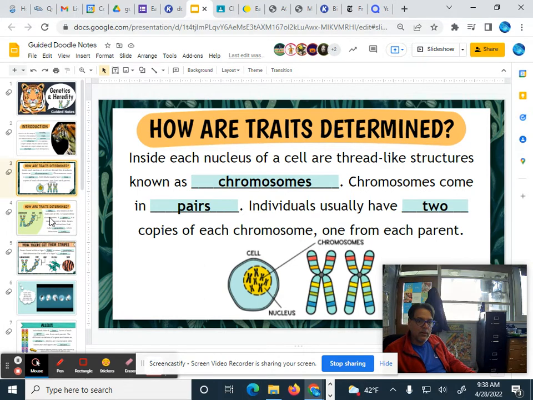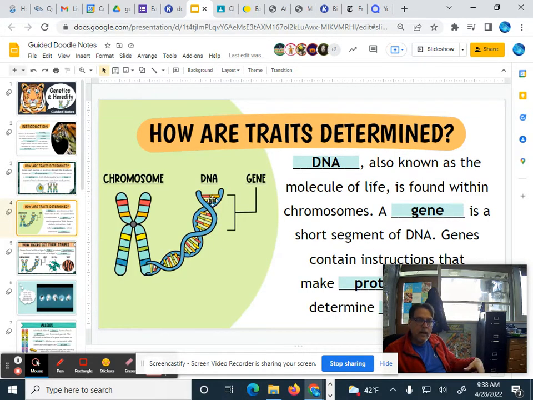Why is that all important to know? Well, you need to understand that all of these things are connected. If we look at this picture, this chromosome has these little colored stripes on it. Those little colored stripes are not really stripes, but that's just representing graphically that those are your genes. Well, what is a gene really?